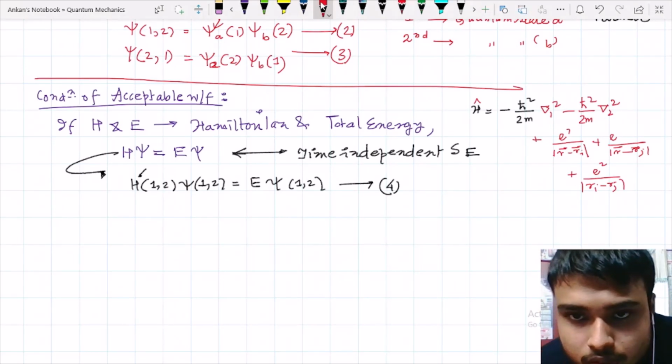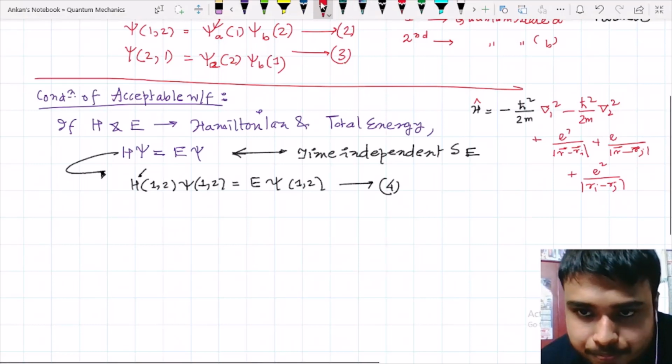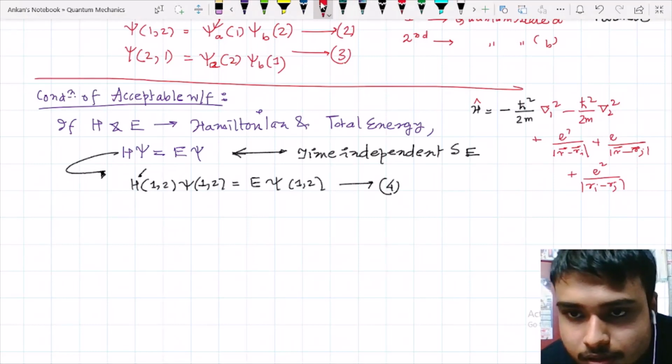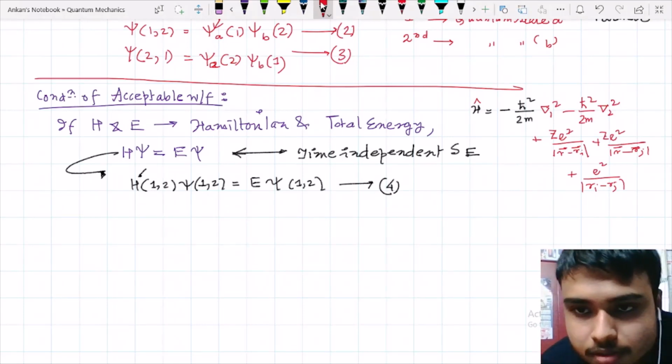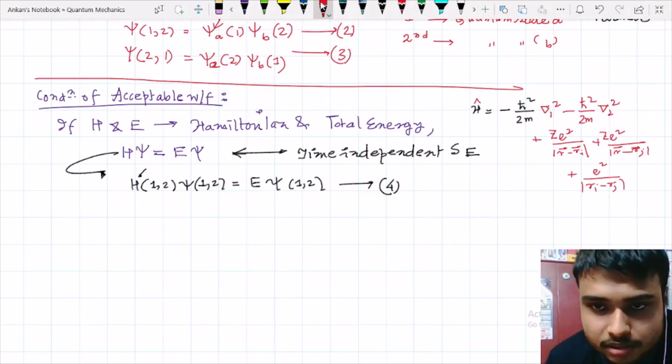Okay, so the Hamiltonian can be written by this for the two electron system. Now this may be Z square. This is a nearly approximated form of the Hamiltonian operator for the two electron system.